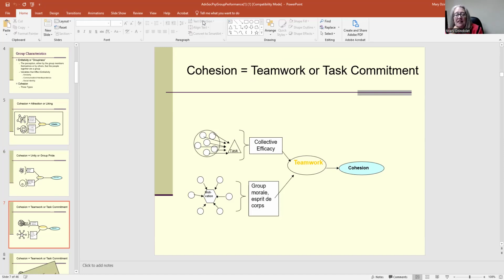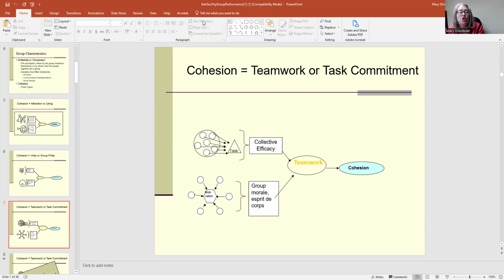Another piece of it is collective efficacy. So we talked before about self-efficacy, again, back in chapter 3 when we were talking about the self, where we talked about self-efficacy is how good do you think you are at a particular task? And I think the example that I used in the lecture video was research that had been done where they give kids who are about 10 or so rings and then a stake in the ground, and they're supposed to throw the ring and have it go around the stake.